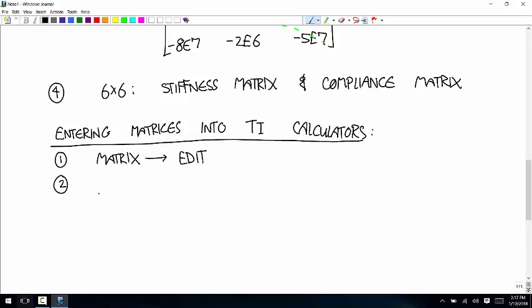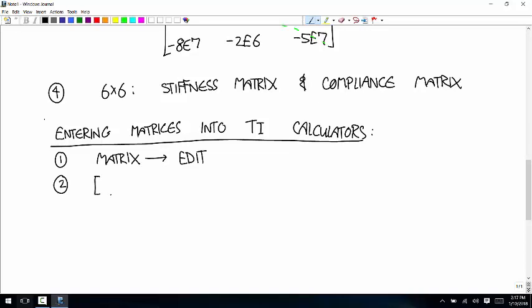So the second way is to do it with square brackets, where you have first square brackets defining the matrix, and then inside, you have other brackets defining the rows, and commas separating the different values.